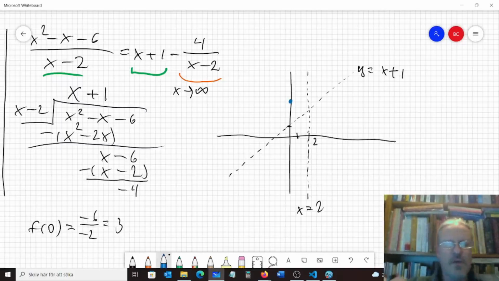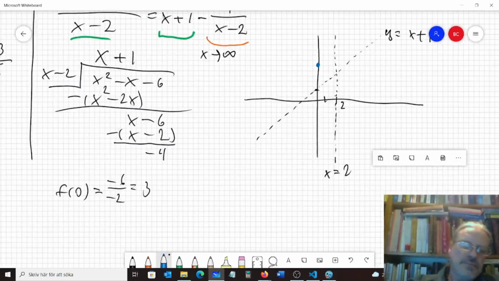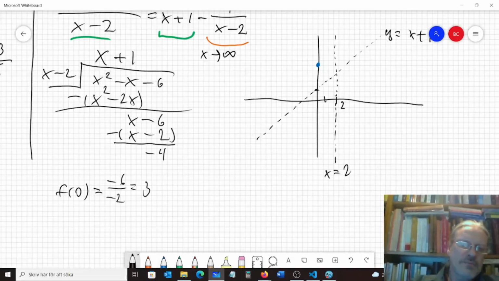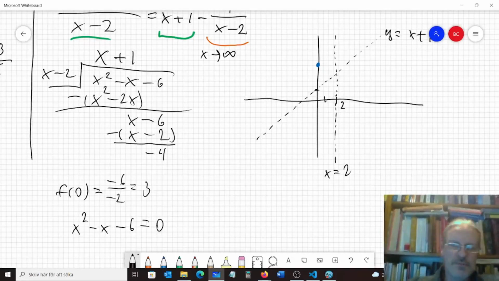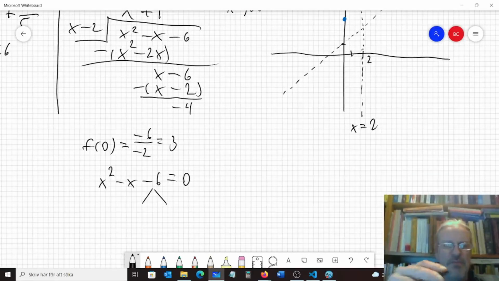Next we can look for any possible zeros, and to find zeros we only need to look at the numerator. So in other words, we check when x squared minus x minus 6 equals 0. This we can solve by factorization. We can, for example, try to split the minus x in two factors that add up to the minus 1 we multiply x by.